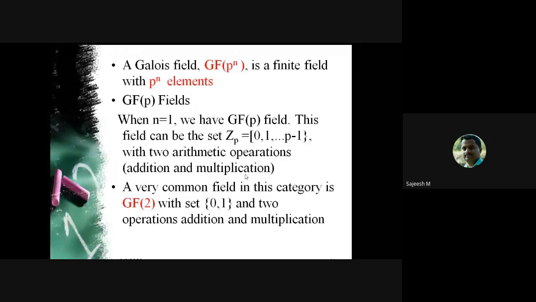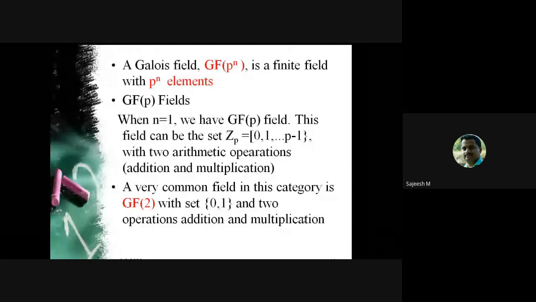You can consider a very common field of this category, the GF(p) field where n equal to 1 and here p equal to 2. Therefore the set is 0 and 1. The binary digits 0 and 1 are the elements of that set, and the two operations are addition and multiplication.